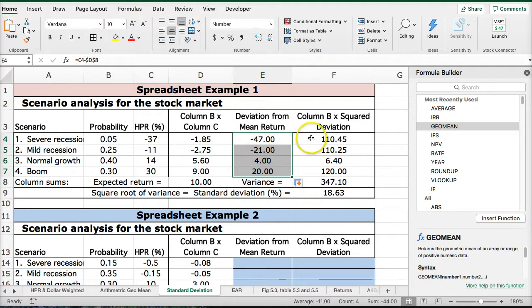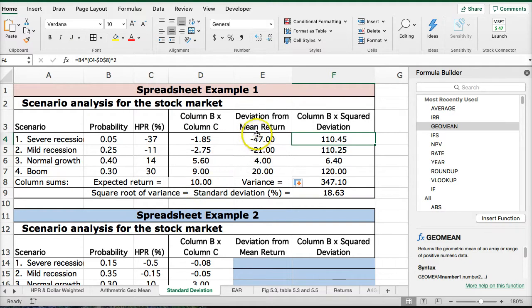And then here, the way this is calculated is column B, the probability, multiplied by the squared deviation. So probability B multiplied, and here we have that formula again, the C4 minus D8 to the square.